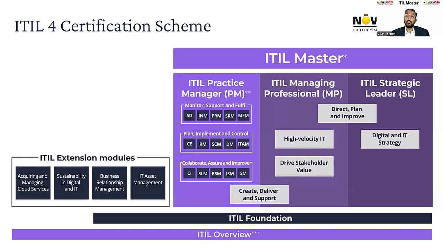So then, if you want to be ITIL Managing Professional, you have to start from ITIL Foundation. Now, let's say you complete a foundation. After that, you are aiming to be ITIL Managing Professional. So then you have to complete 4 certifications. That is Create, Deliver, and Support, which is CDS, Drive Stakeholder Value, that is DSV, High Velocity IT, that is HVIT, and then you have Direct, Plan, and Improve, that's DPI.